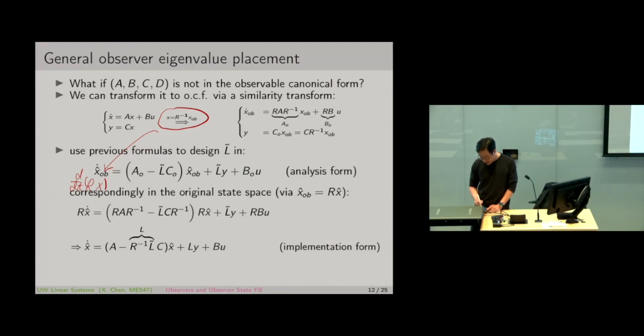The left-hand side is therefore nothing but R times x hat dot. On the right-hand side, we know AO, which is R A R inverse, and L tilde is what we calculated. CO is from the similarity transform as well, it's C times R inverse. And then x hat OB, using this similarity transform, is nothing but R times x hat.